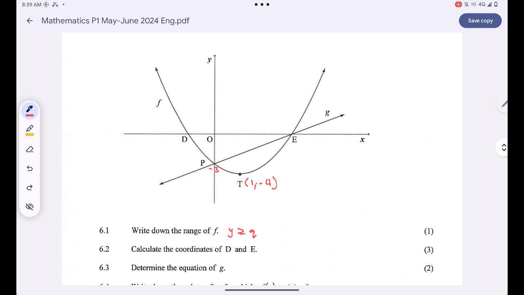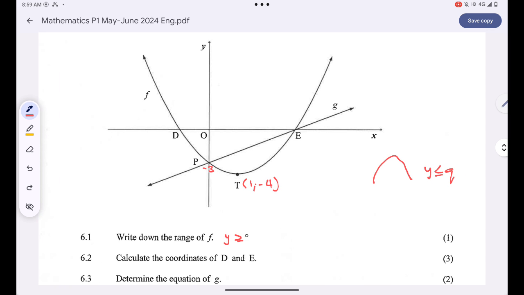And if your graph was concave down, your range would have been y is less than or equal to the y value at the turning point. But I do know the y value at my turning point, that's -4. So it simply means that my range is y is greater than or equal to -4.